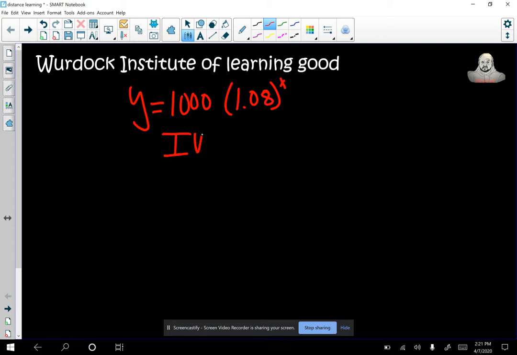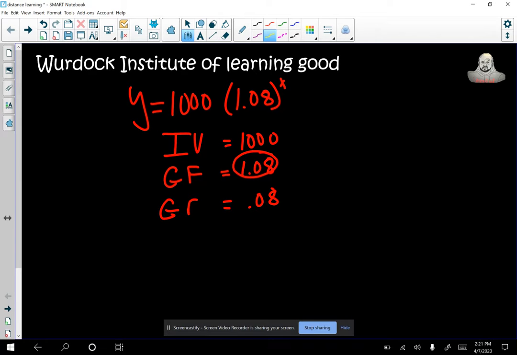So the initial value is 1,000. The growth factor is 1.08, and the growth rate is 8%, or 0.08. Really, you could take this one here and subtract 1 from it.